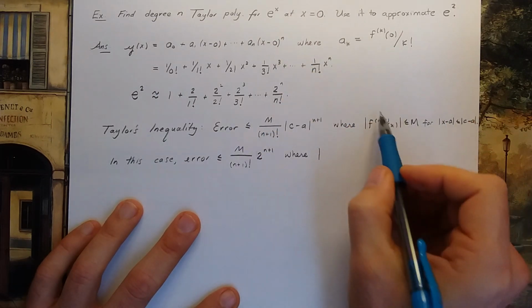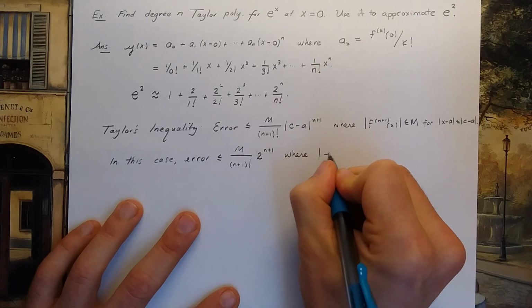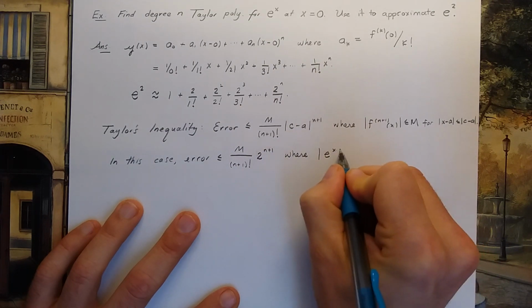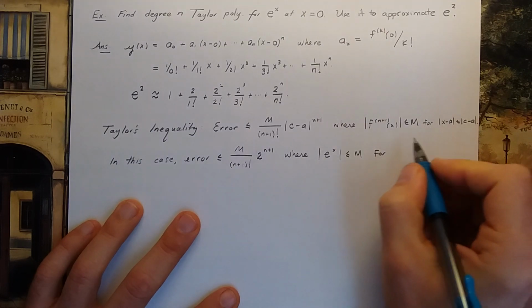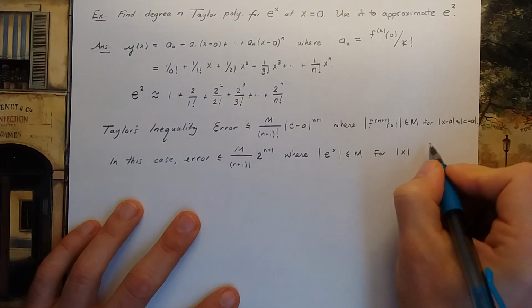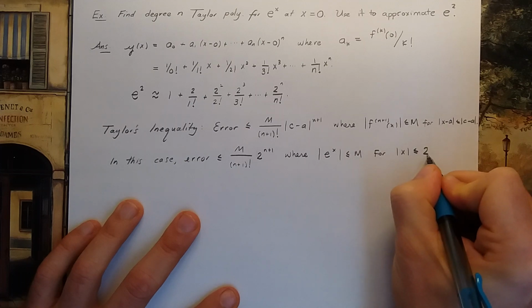Now, the n plus first derivative of e to the x is e to the x. So e to the x is less than or equal to M, and that has to be true for values of x that are less than or equal to 2 in absolute value.